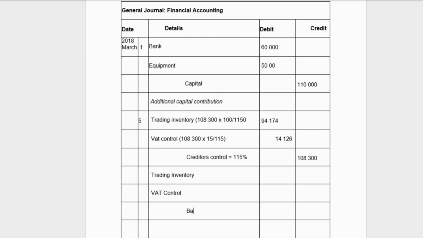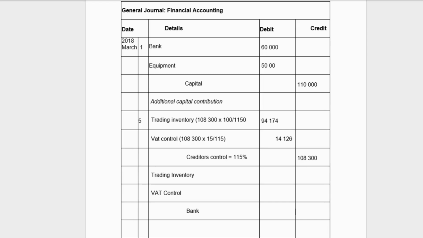Therefore, when we pay, our bank is decreasing, and our bank is an asset and it's going to decrease, right? So when it decreases, we credit, okay? And then now we're going to record the total amount that we've paid. The total amount that we've paid includes VAT, which is 115, right?